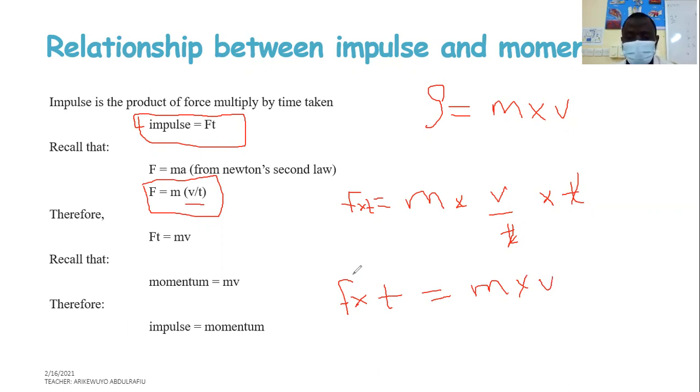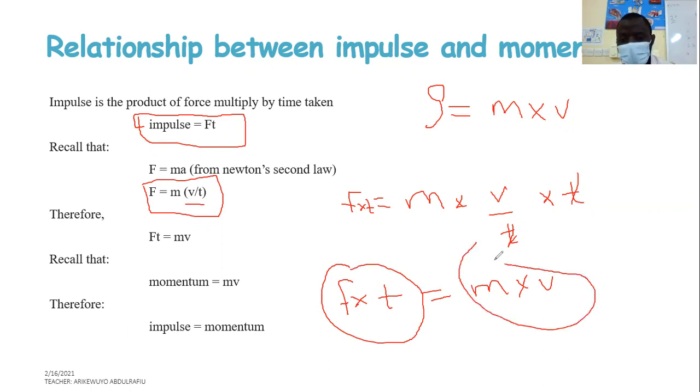This is the formula for impulse, and this is the formula for momentum. It means that impulse and momentum are equal. Impulse and momentum are equal. Now, I have said that impulse is the product of force by the time you use to apply that force, right? That is impulse. It's a very simple concept and very interesting also.